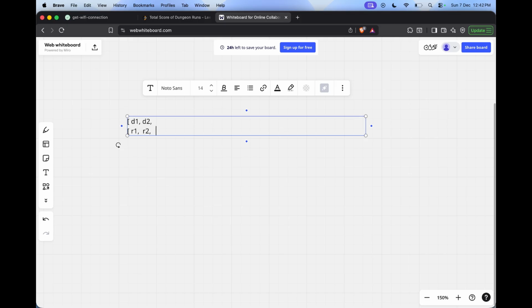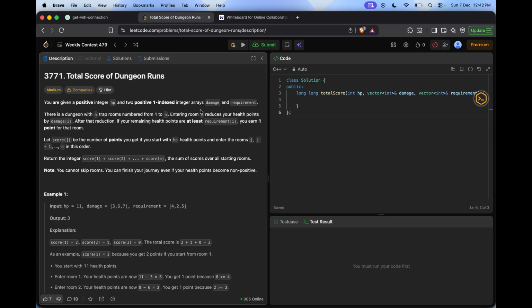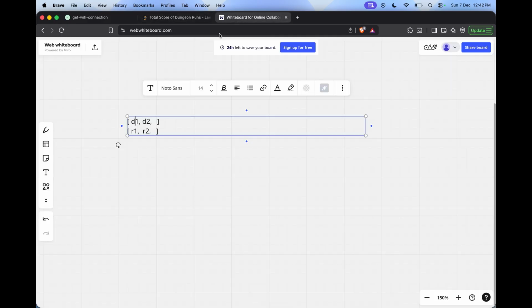Alright, what happens? A person starts from a particular index, let's say the first index, then he initially has HP health points. Now he goes to the first dungeon and he gets a damage of D1.